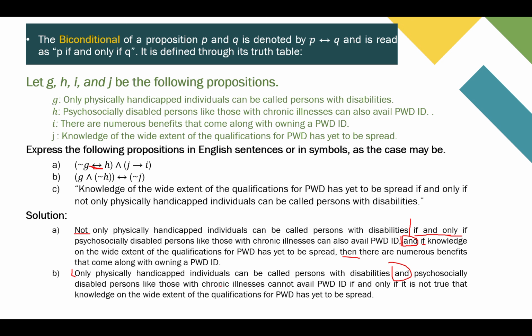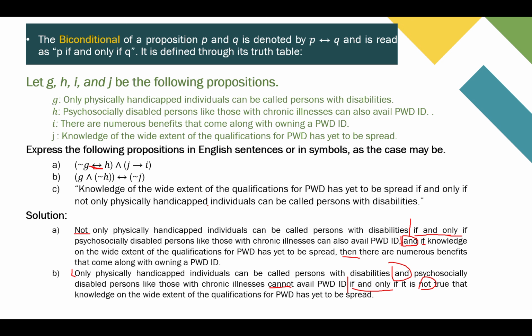It is a not, whereas, cannot, because it has a tilde. This is our proposition H. And then, let us add a separator here. If and only if is under biconditional, this one. It is not true. We have the not. Not J. Not true that knowledge on the wide extent of the qualifications for PWD has yet to be spread.